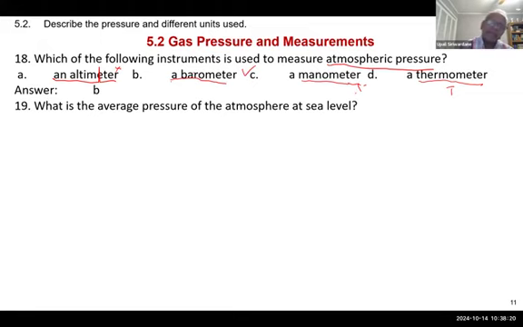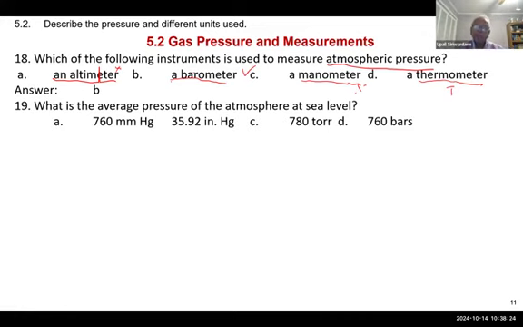What is the average pressure of the atmosphere at sea level? That's the one atmosphere. That's the number we got at sea level. That's the average.